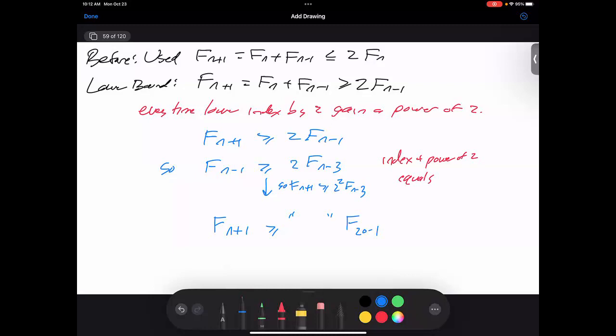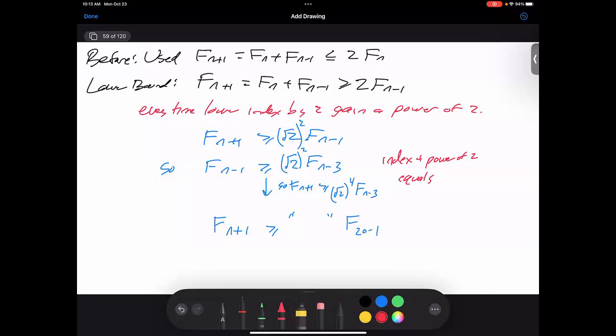So let's rewrite things. I'm going to write this as the square root of 2 squared. Now, is the square root of 2 squared 2? Sure. So this would now become the square root of 2 to the 4th times f_{n-3}.